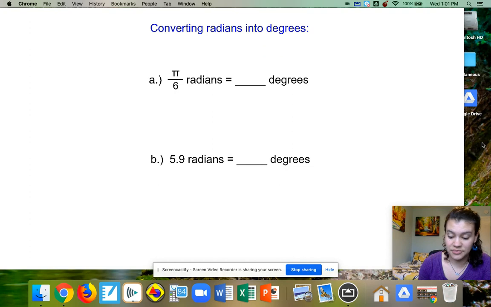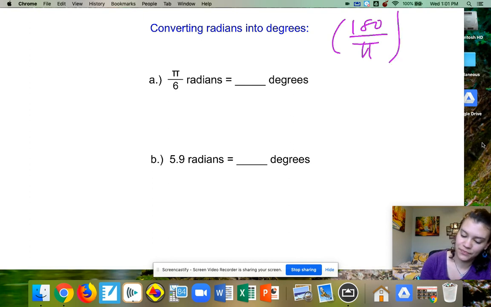In going the opposite direction, radians into degrees, you just want to flip your conversion. So 180 over pi instead of pi over 180. If we have pi over 6, multiply by 180 over pi, and that will switch you back into degrees. I can write this.